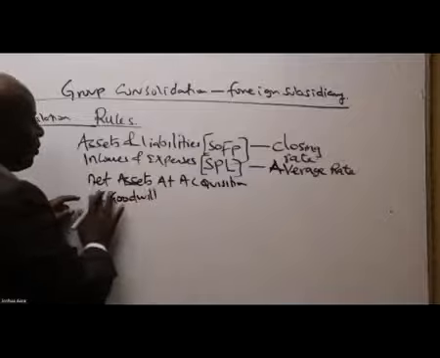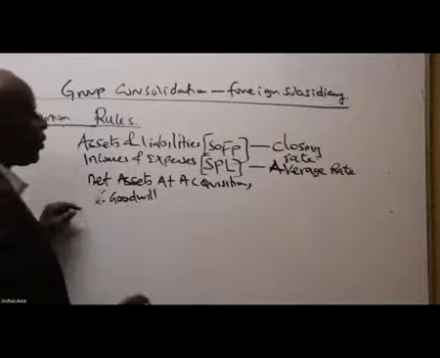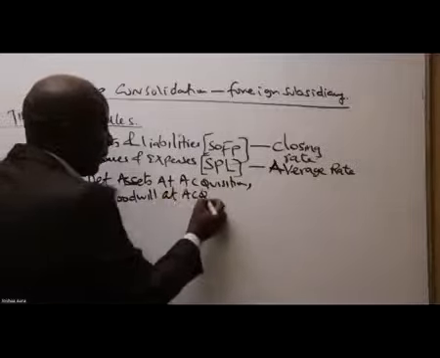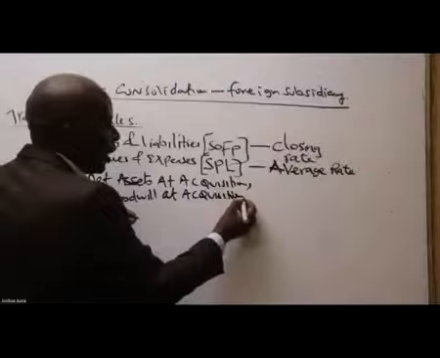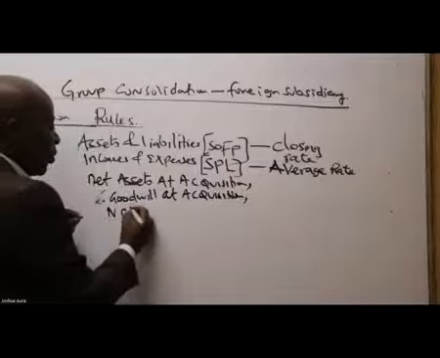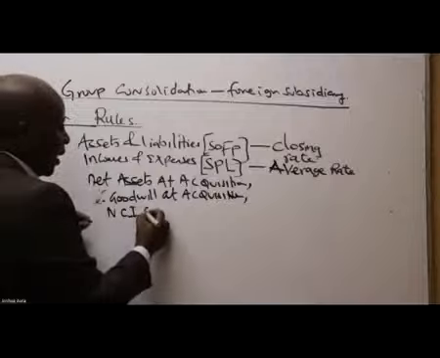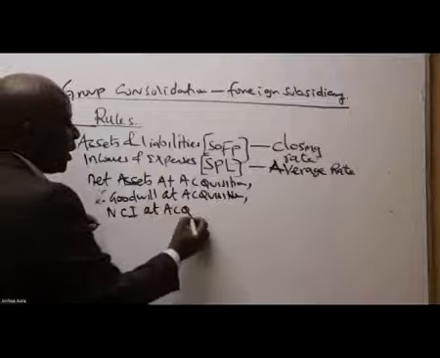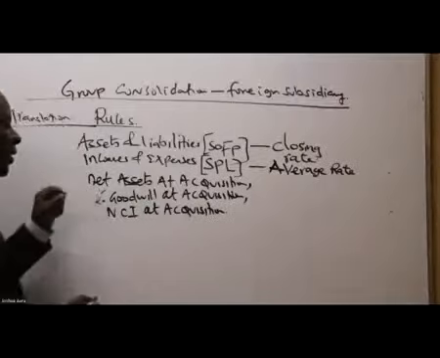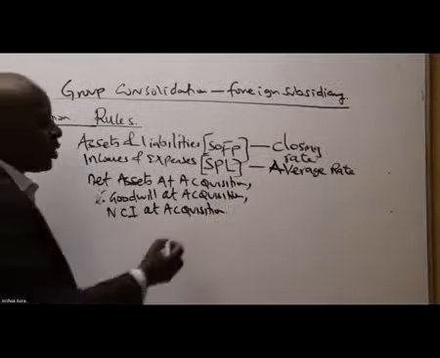Net assets at acquisition, goodwill at acquisition. I want to keep on insisting on this. Goodwill at acquisition. Talk of NCI at acquisition. Anything in this case here that this examiner is using this word at acquisition.